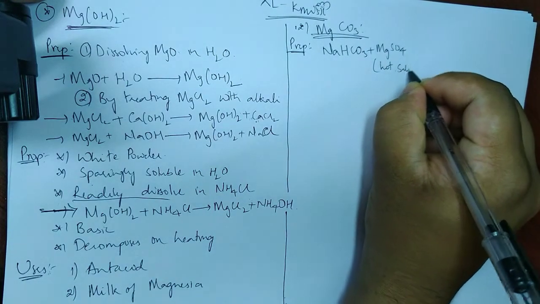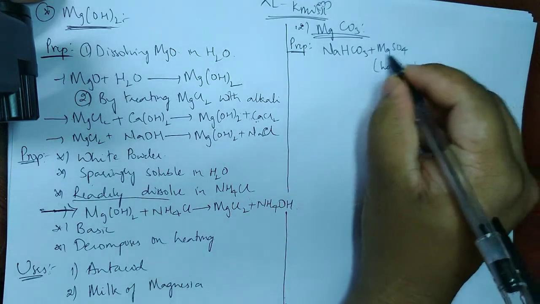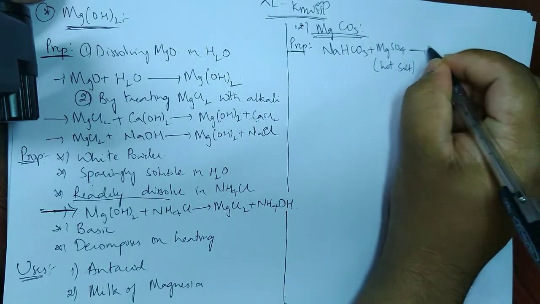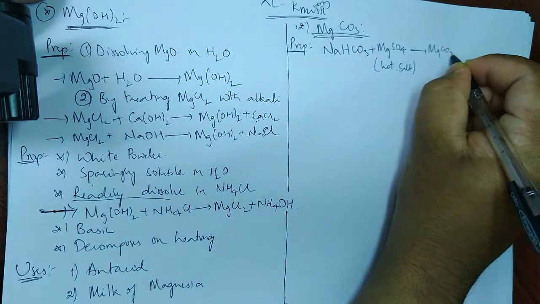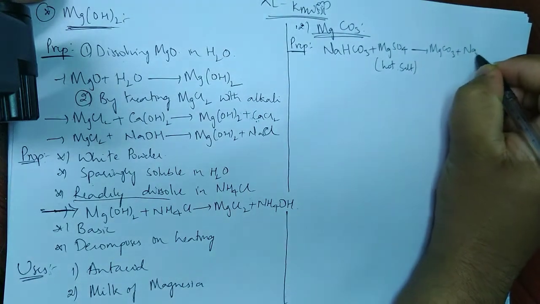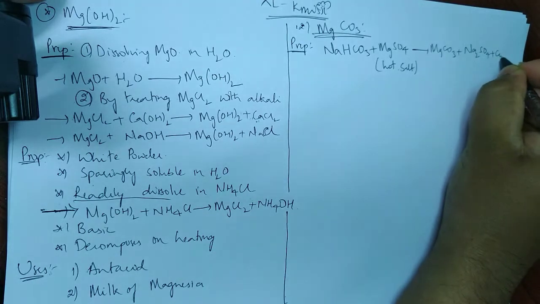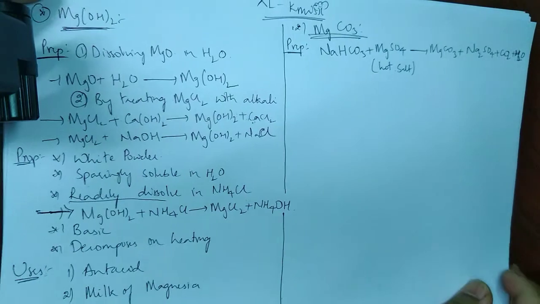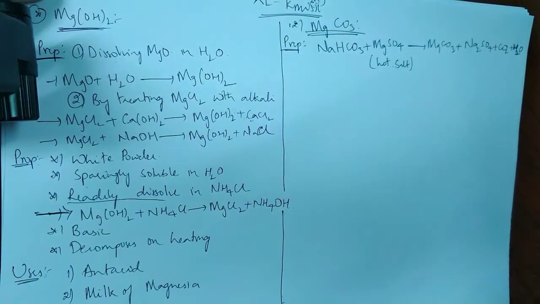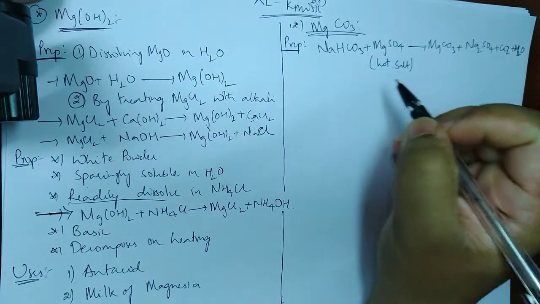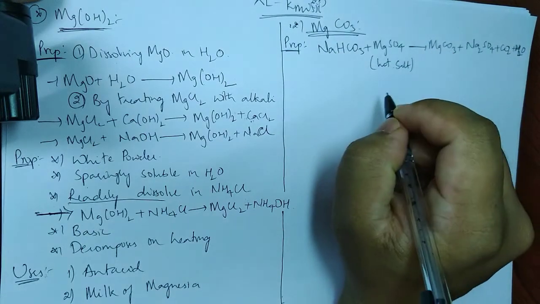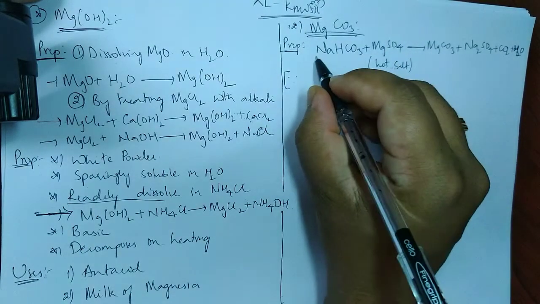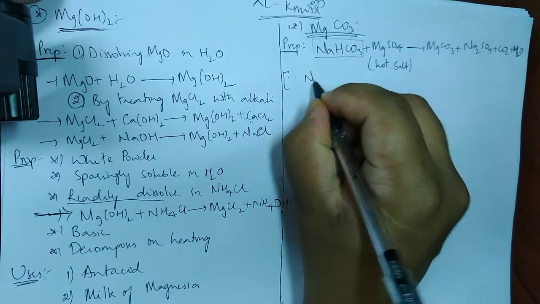The hot magnesium sulfate, when treated with sodium bicarbonate, will form magnesium carbonate plus sodium sulfate plus carbon dioxide plus water. So this is the method of preparation of magnesium carbonate. Now an important and interesting point: for the preparation of magnesium carbonate I should use only sodium bicarbonate. Sodium carbonate I cannot use.